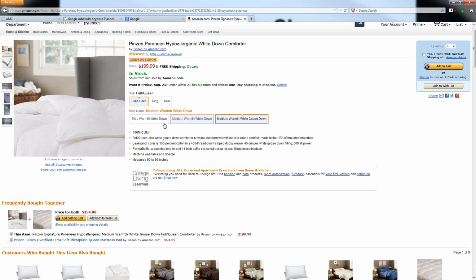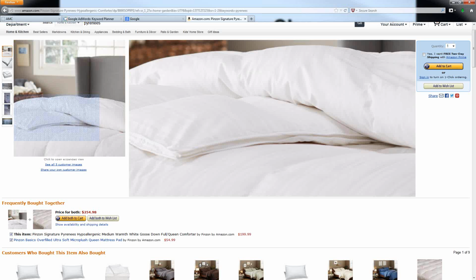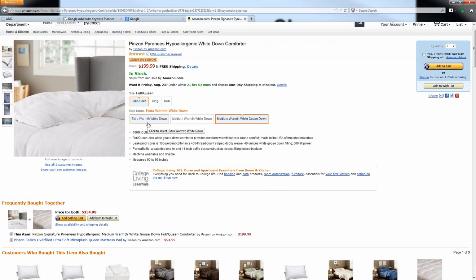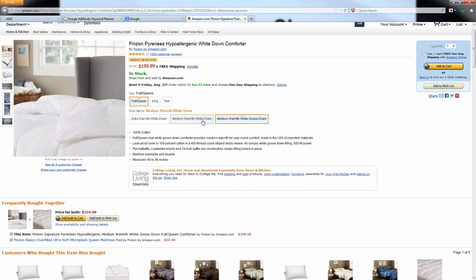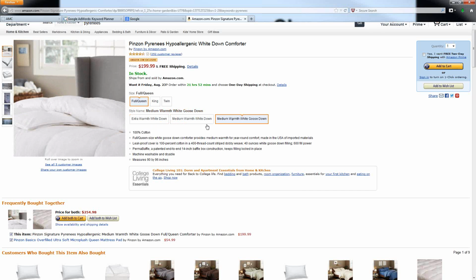Right up here at the beginning, I have different sizes and styles. As you remember, the sizes are obviously something that is of interest because there was easily search engine traffic that I was able to find for these different size phrases. But then I also have this style, and it's actually in reference to the warmth of the comforter.